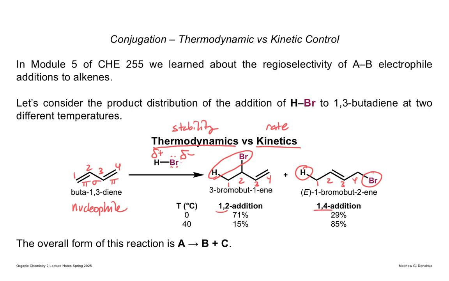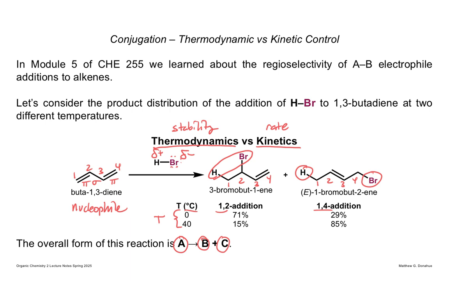And so overall, the form of this reaction is your starting material A going to 2 constitutional isomers, B and C. So everything being the same, really what is controlling it is the temperature variable. 0 degrees is your standard ice water bath. 40 degrees is about 15 degrees higher than room temperature. Again, we're in degrees Celsius here.